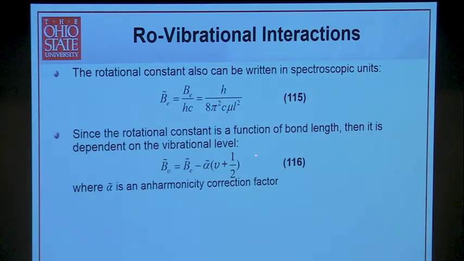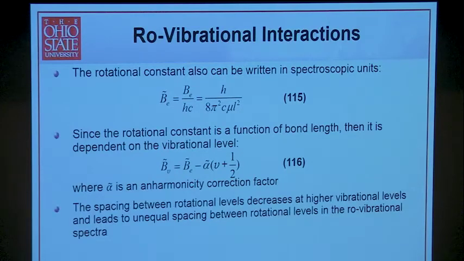And then we have an anharmonicity correction factor, and that's this alpha. Again, another constant, but vibrational level specific. So the same way that at the vibrational level the spacing's changing, and we had to have that second anharmonic term on the vibrational term, we now have a second term embedded in our rotational constant, and this also accounts for distortion of the rotation as well. Okay?